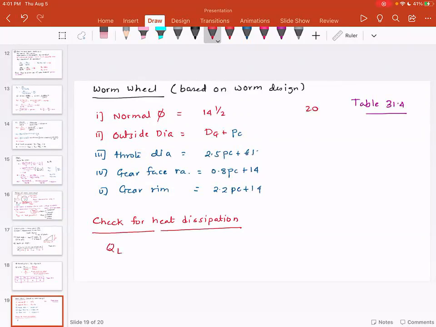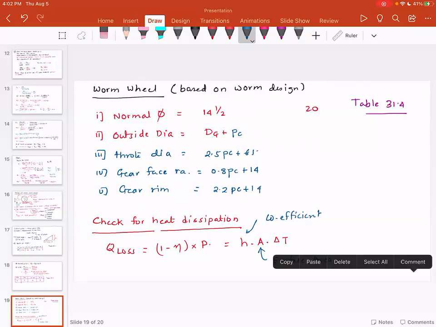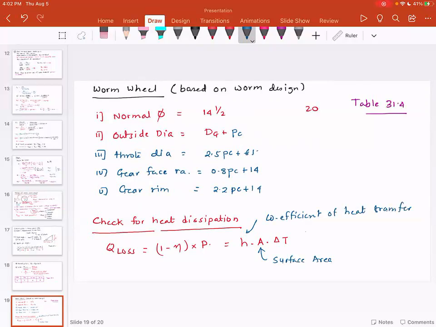We find heat loss equal to 1 minus efficiency multiplied by power, and we equate that to H times A times delta T, where A is the surface area, H is the coefficient of heat transfer, and delta T is the change in temperature.